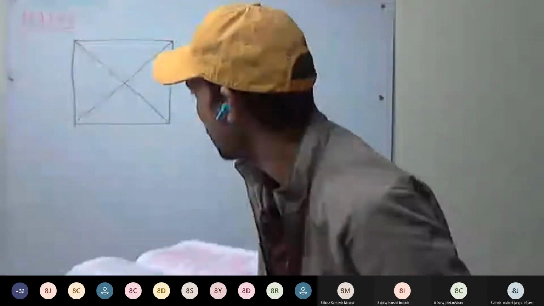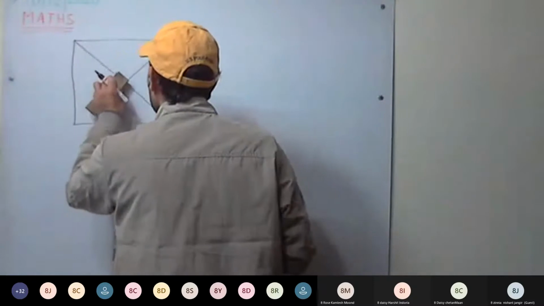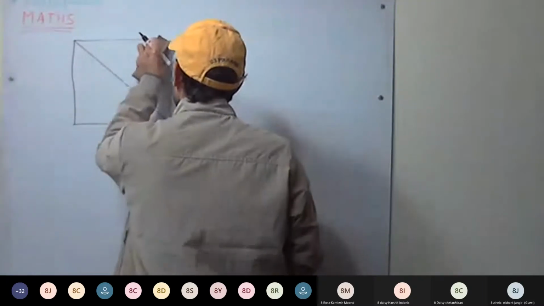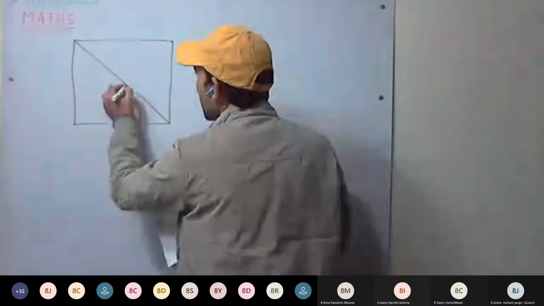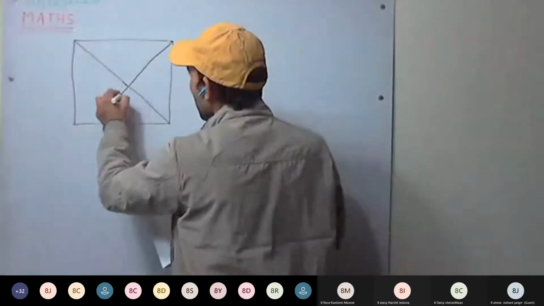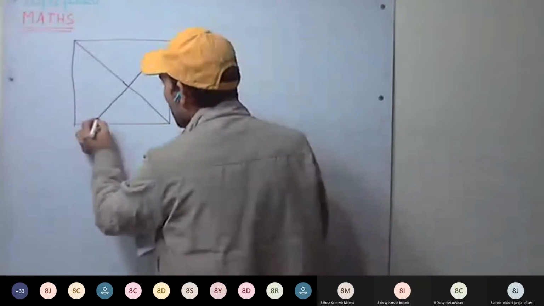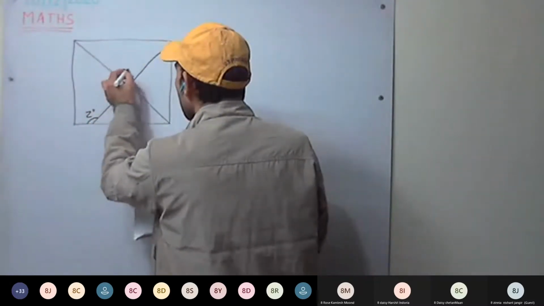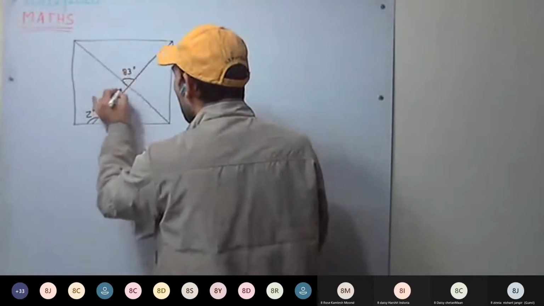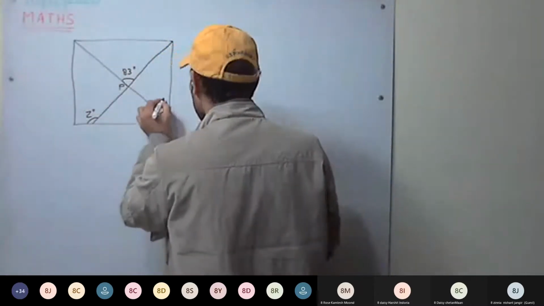This is not the diagonal. So only one diagonal, the other is only a line. Now this is Z degree, 83 degree, and P is written here. This one is P. This is X degree.